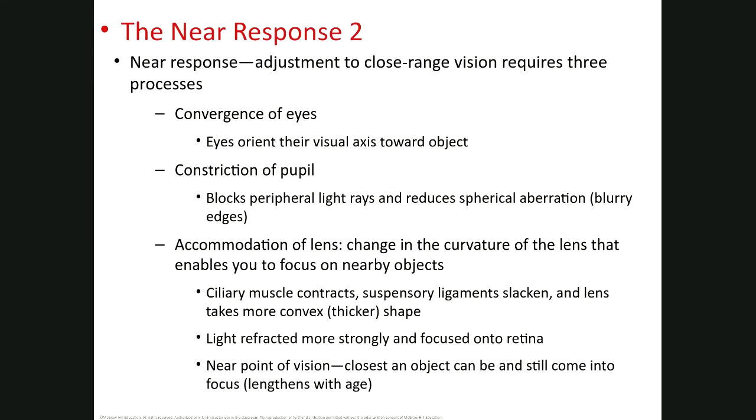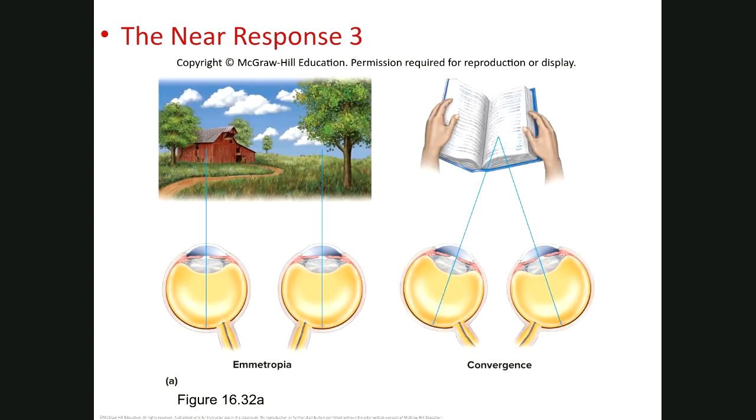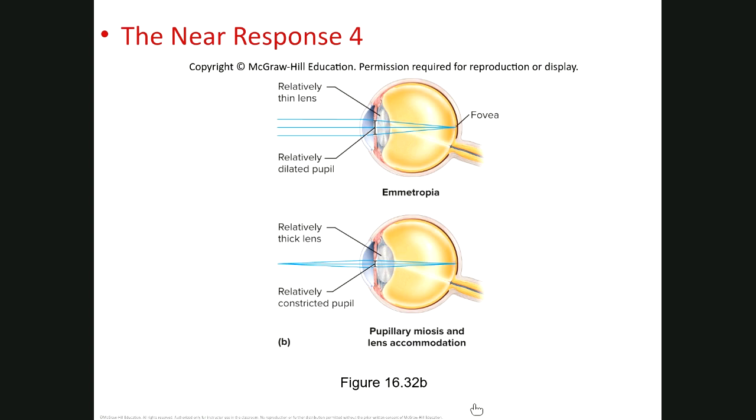Like I said, the eyes accommodate; they change the curvature of the lens and enable you to focus. It becomes thicker when you're focusing on an object that's near, and it becomes thinner when your object is further away. See that? Thick and thin. The lens usually stays thicker when you're looking at an object up close.